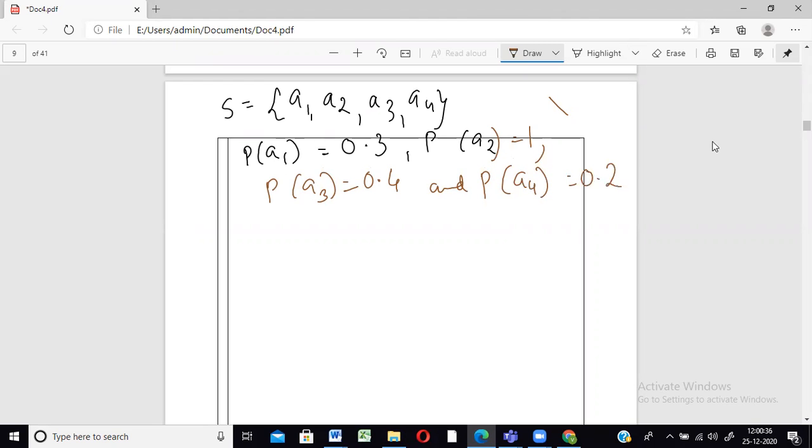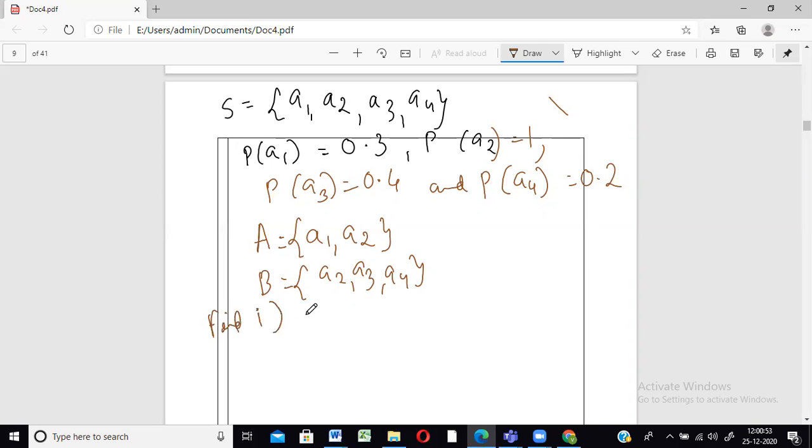Now just consider two events A and B such that A has the elements A1 and A2, and B, another event, has the elements A2, A3 and A4. Okay, so you have to find the following things.